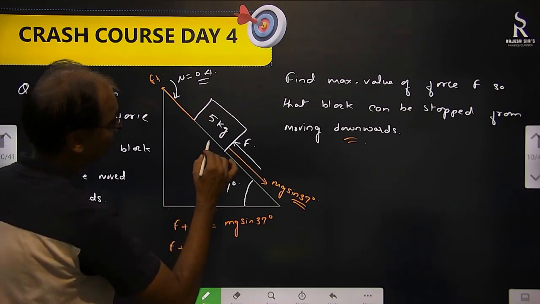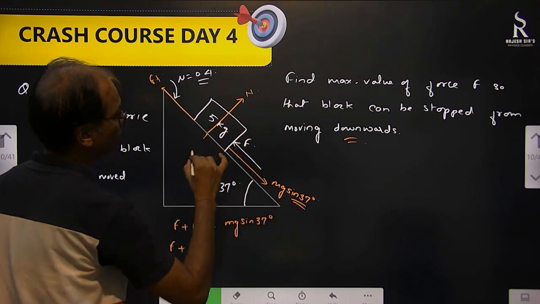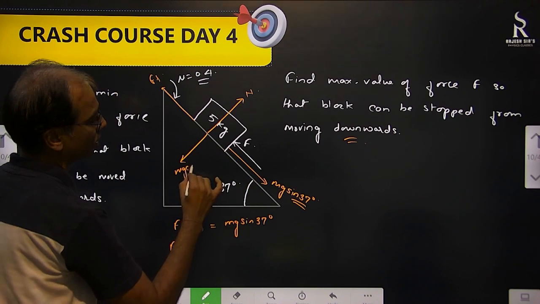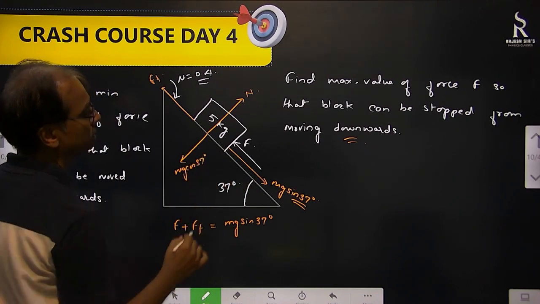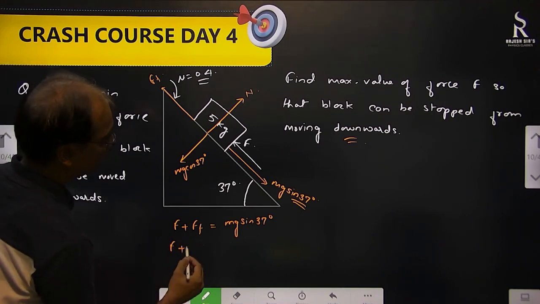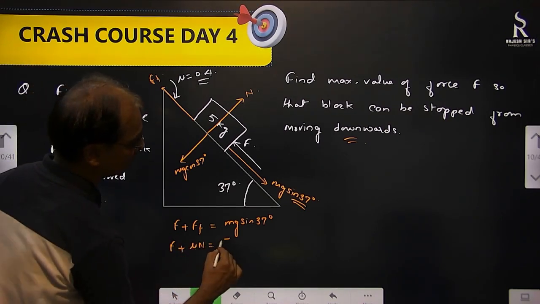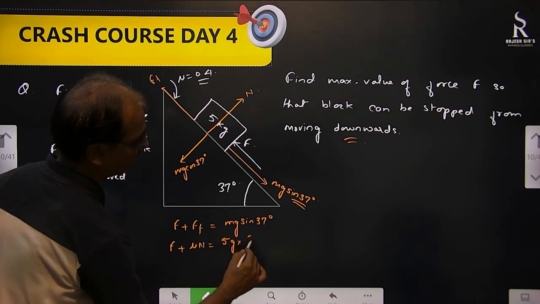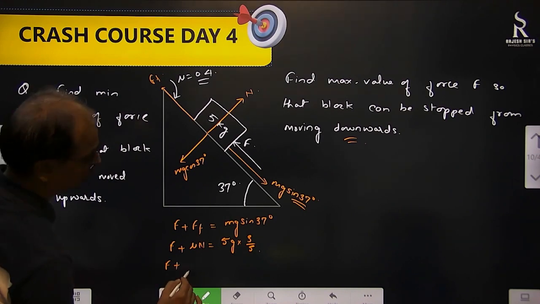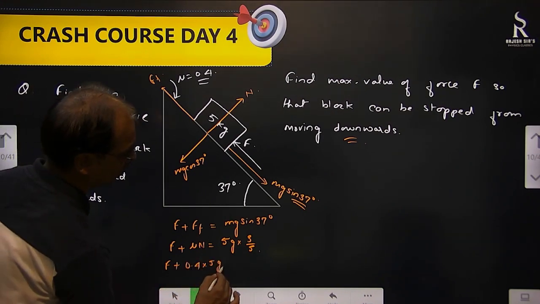So first of all, let's find N. N here is like this, and here component of weight is acting, which is mg cos 37. That's all? Yes, all the forces we have taken. So here is mu N, and here is mg sin theta, that is 5g into 3 by 5. And here mu is 0.4 and 5g into 4 by 5.